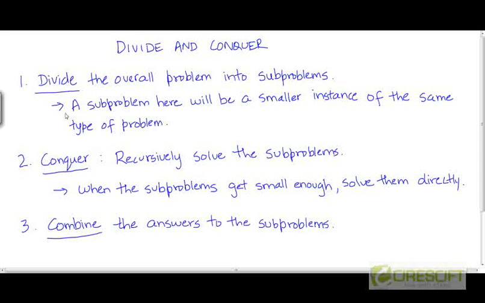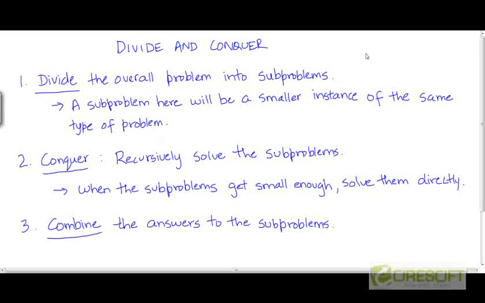And we saw that such algorithms have three steps. There is a divide step where we divide the overall problem into subproblems, and by subproblems we mean here a smaller instance of the same type of problem.